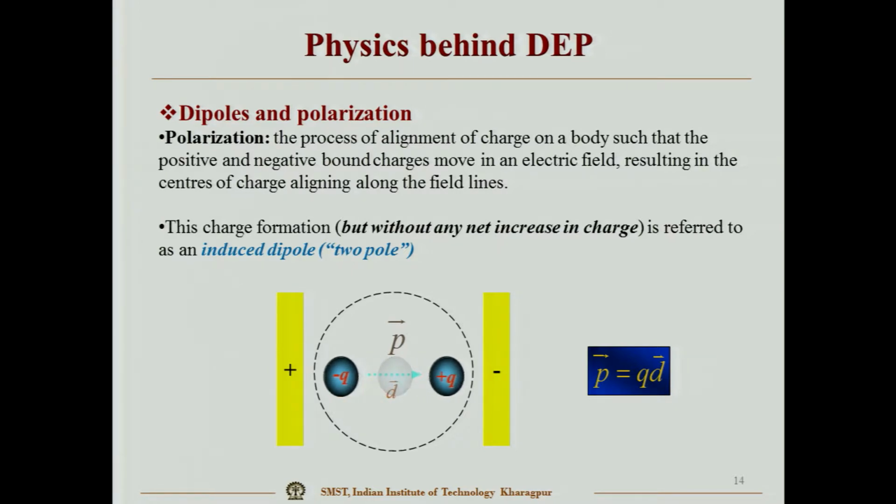So, although the particle is neutral in nature, due to the presence of the electric field, the surface charges will be separated out, and for that you will get this polarization or dipole, p equals q times d. q is the total charge, and d is the separation between these charges. Okay. That we know is the dipole, and this whole thing is called the polarization effect. And that happens for the neutral particle only.